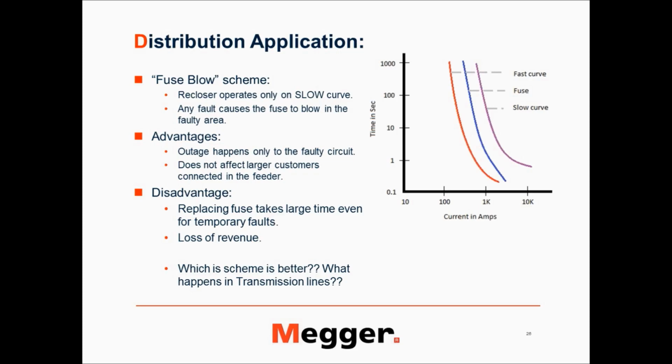Now the auto reclosure will be protecting the whole ring, but the fuse is going to blow only for the faulted line, not for the entire community. So it does not affect the larger customers, just the faulted area.